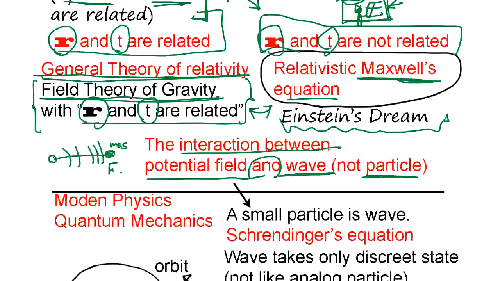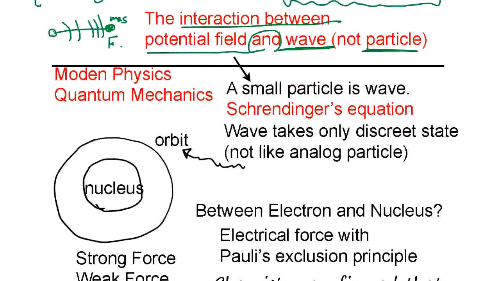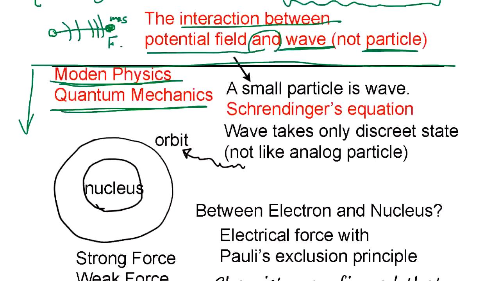But when this mass gets smaller and smaller, it becomes a wave, and that's the boundary of classical physics and new physics. Modern physics is quantum mechanics. Okay, so a small particle is a wave, and that's expressed by Schrödinger's equation.